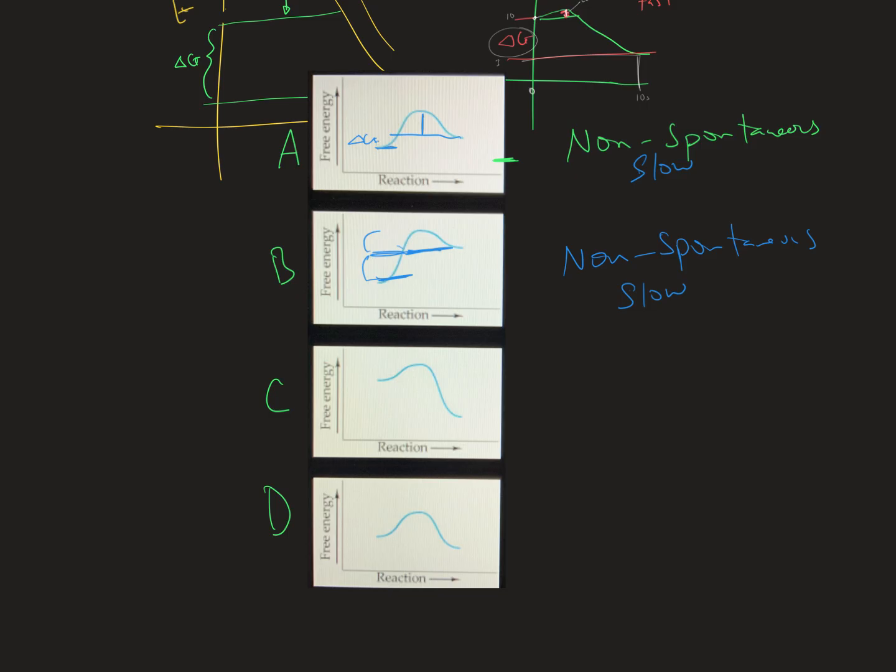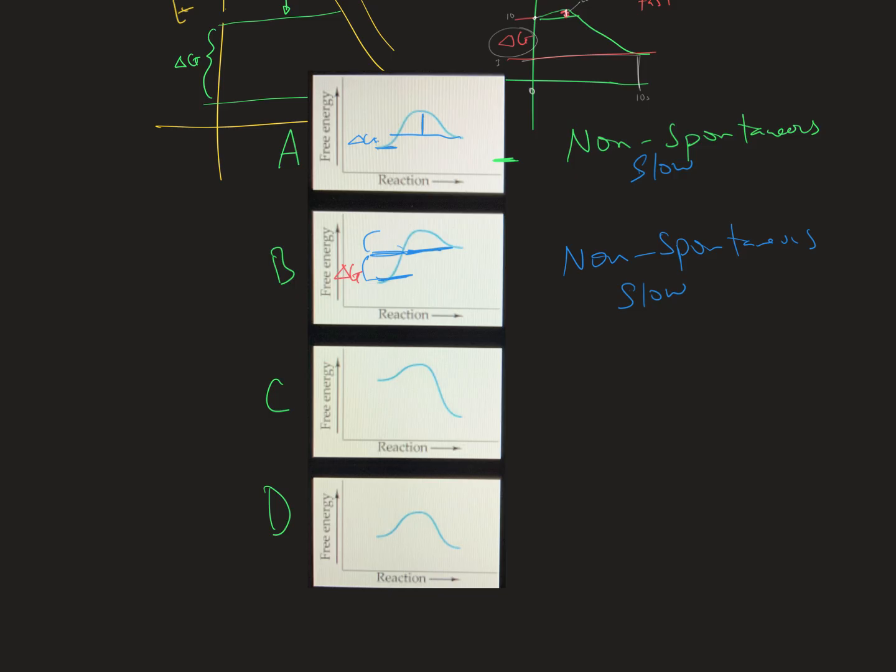So compared to my delta G, my activation energy isn't small. It's the same size. We good? I can't say it's large either, but it's not small. Okay. We okay with that?